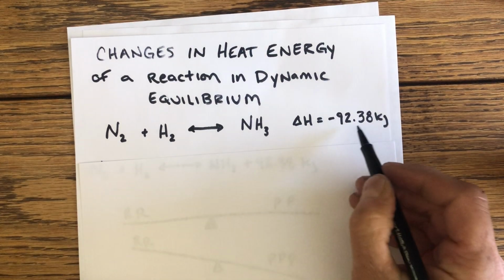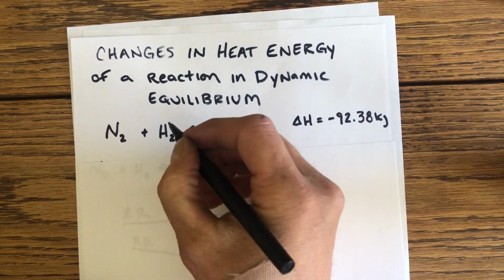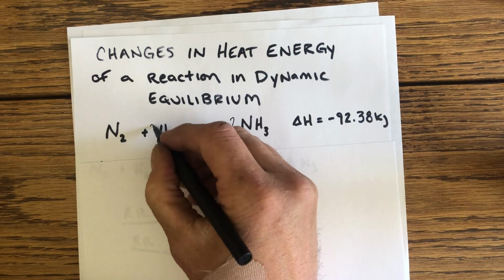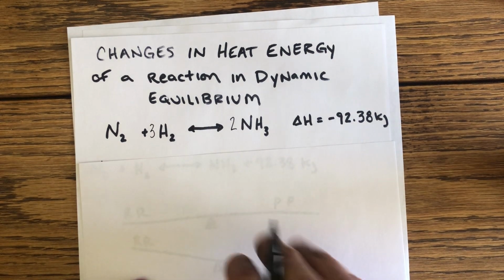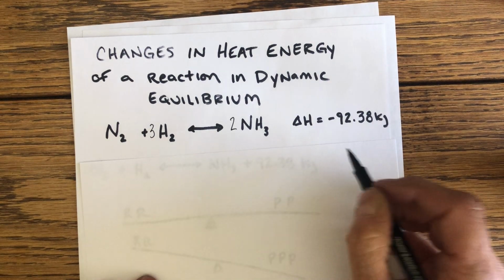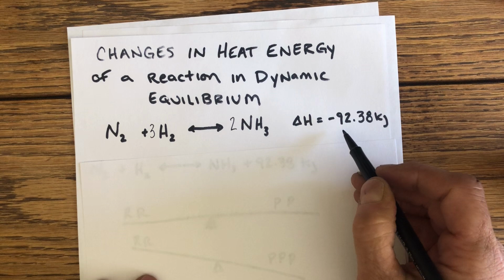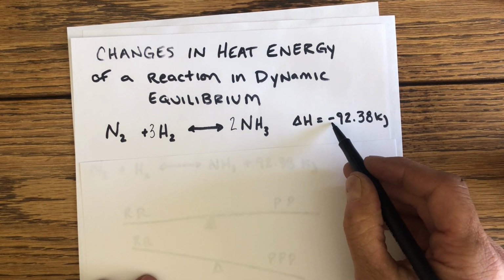There's actually heat produced in this process. There's a 2 here, and there is a 3 here. Okay, so again, we wanna think about a thermochemical equation. This is the delta H that's stated here, and we know it's an exothermic reaction because of that negative sign there.